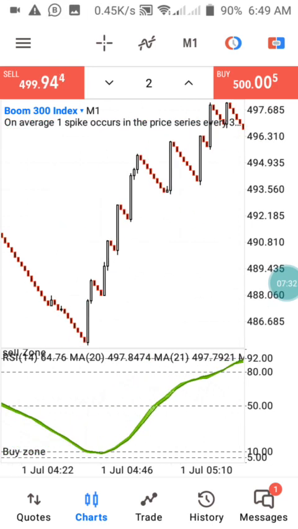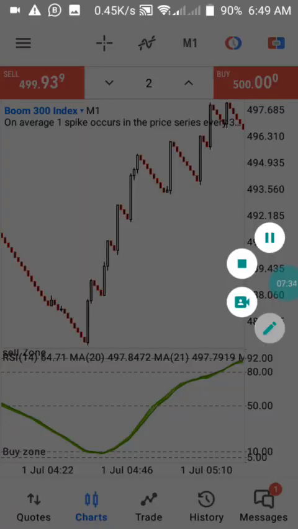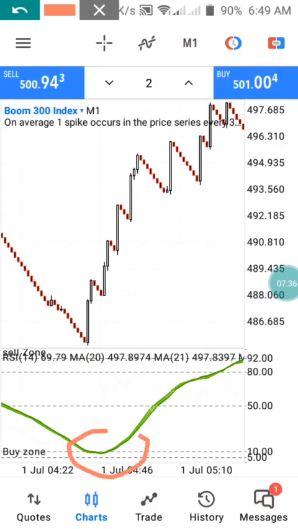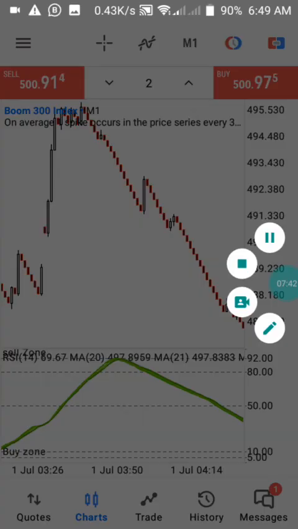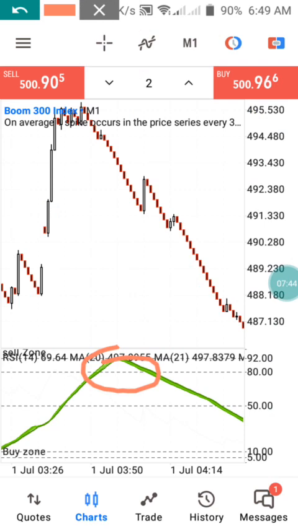So let's check for more. You see what happened here on Boom 300. You see it caught a spike at this particular area, and the same thing happened here. Once it's in between the 92 and the 80 level, you can find the best zone to enter this trade and begin to set down this entry.